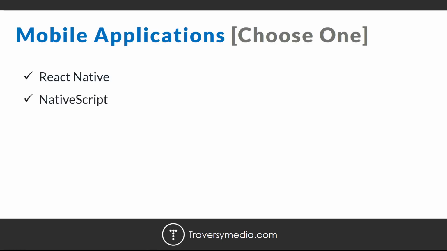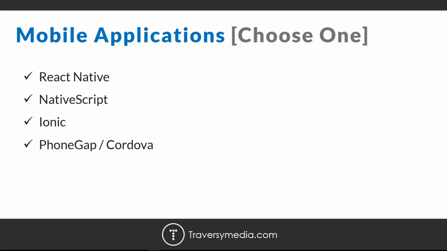Okay, you also have NativeScript, which is similar to React Native, except it uses Angular or pure JavaScript to build native applications. And then you have frameworks like Ionic, which build hybrid applications, which are basically web apps inside of a mobile app container. And that container is usually created by technology called PhoneGap or Cordova.